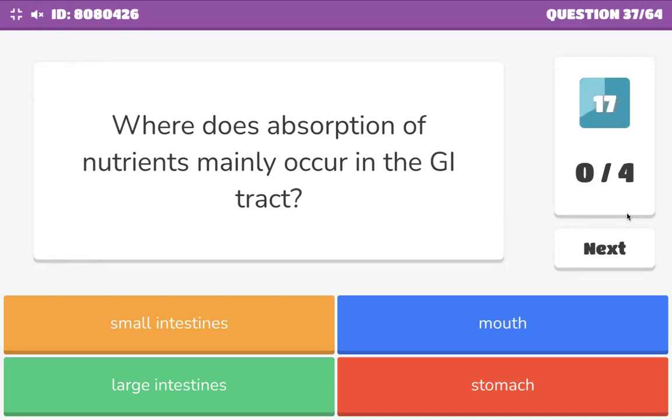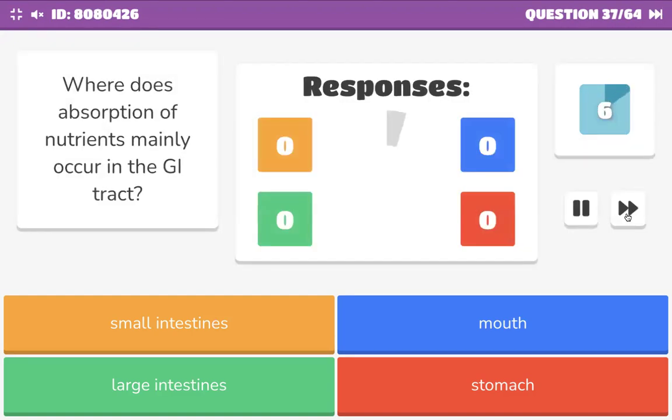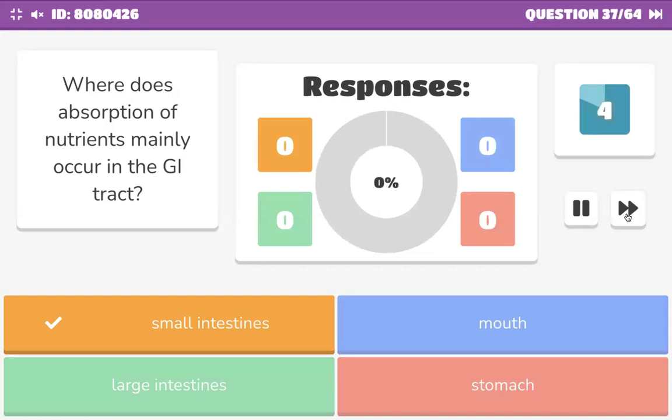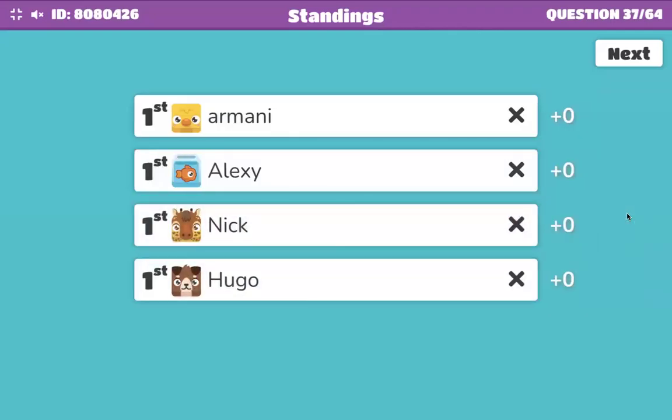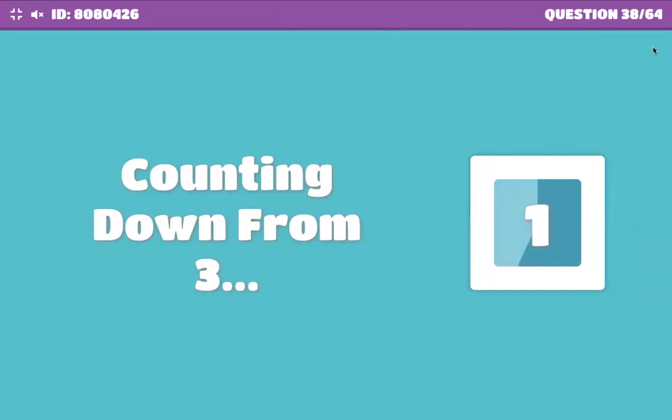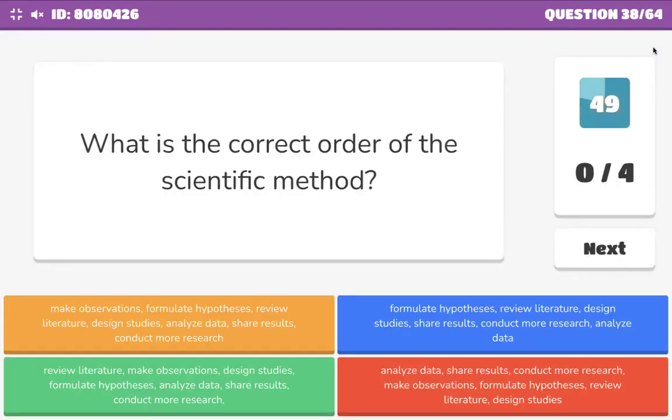Where does absorption of nutrients mainly occur in the GI tract? The small intestines. What is the correct order of the scientific method?